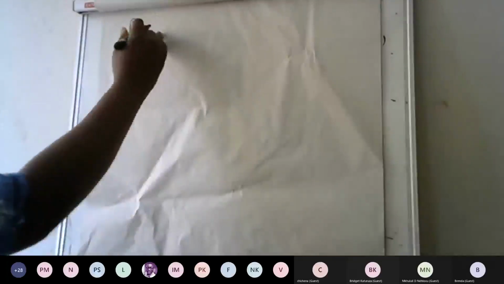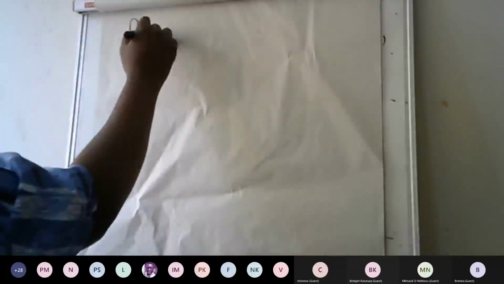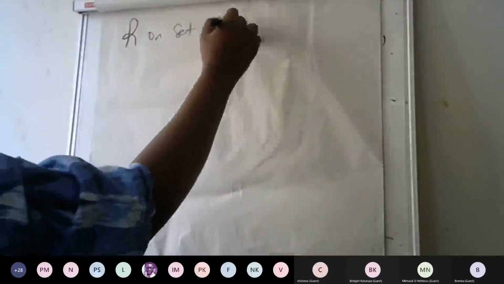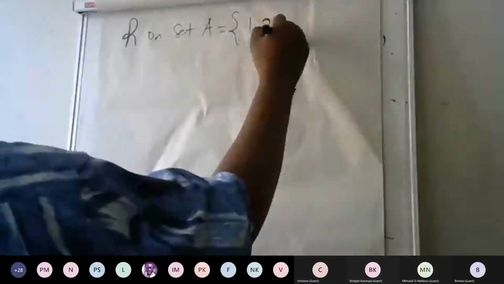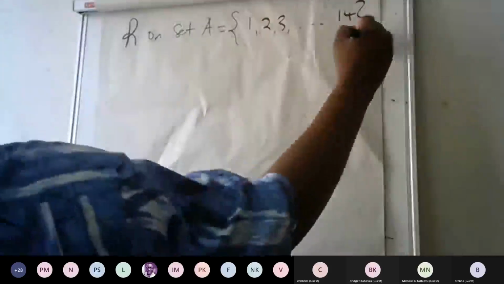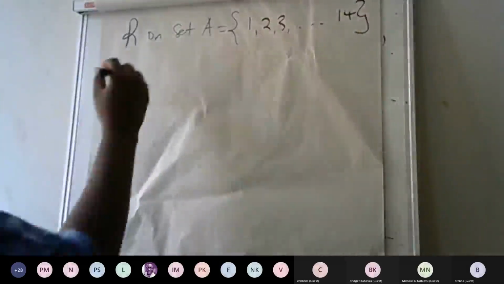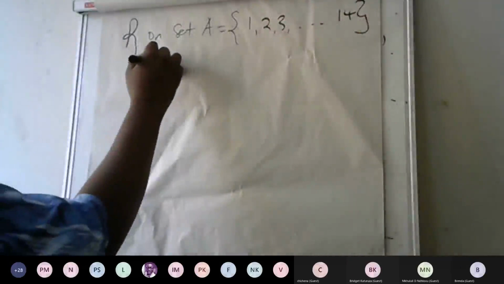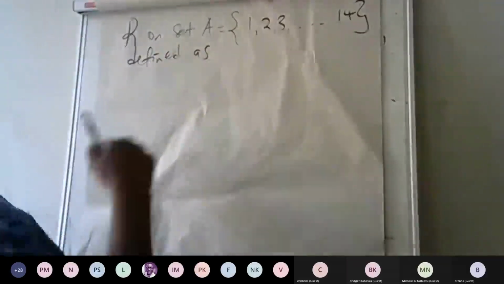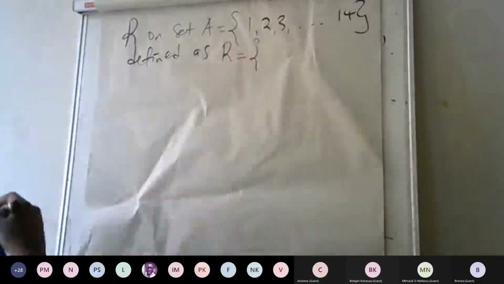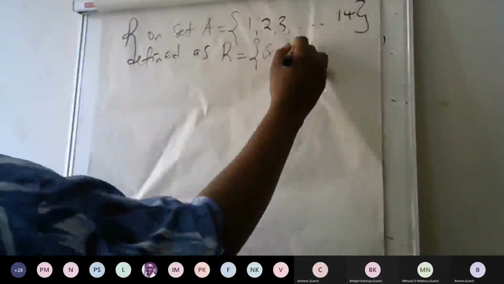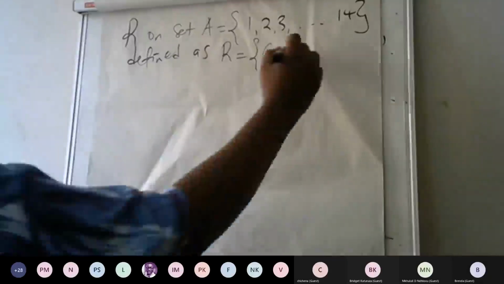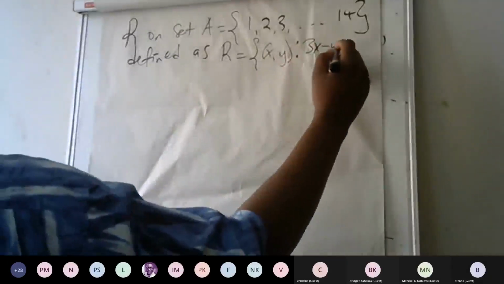Right, we can look at an example. The relation R on a set A, where A is equal to 1, 2, 3, until I reach 14, is defined as R is equal to xy such that 3x minus y is equal to 0.